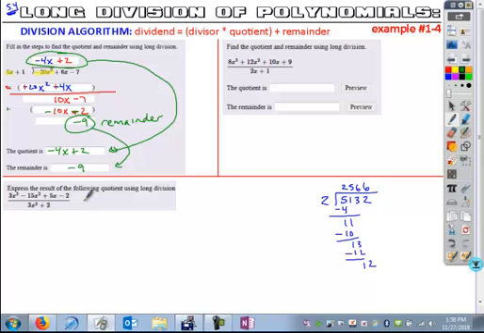If it's just asking you to express the results, what you would do is you would enter your answer as negative 4x plus 2, and then plus whatever your remainder is, in this case a negative 9, over whatever your original divisor is, this 5x plus 1. So whatever this is, that's your divisor.